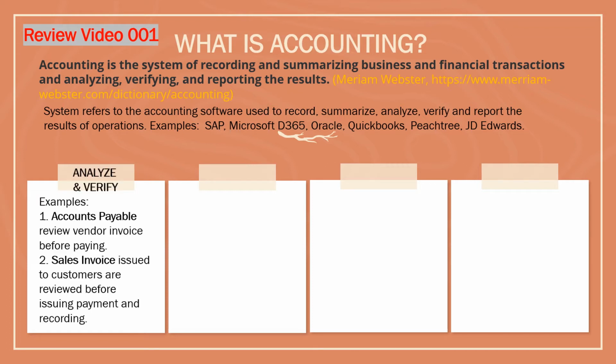When we say analyze and verify, that includes analyzing and verifying the transactions first. The example that I have in here is not limited to just accounts payable and sales invoice. Accounts payable is the department that mostly receives the invoices that need to be paid. When they receive the invoice, their process is normally they analyze the invoice.